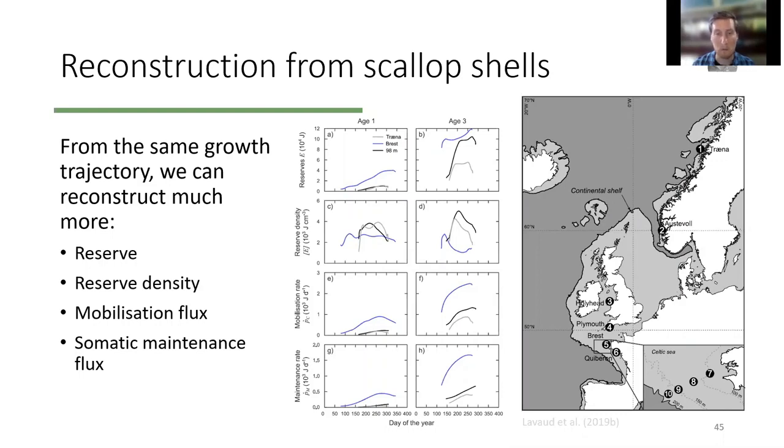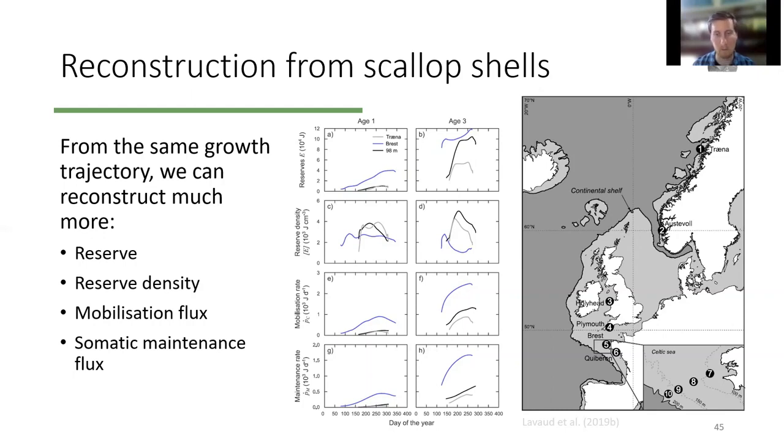For example, looking at the reserve density in the second row, we see that populations both from the north of the distribution range and from the bottom of the Celtic Sea show a much higher reserve density than populations living on the coast in the southern side of their distribution range.